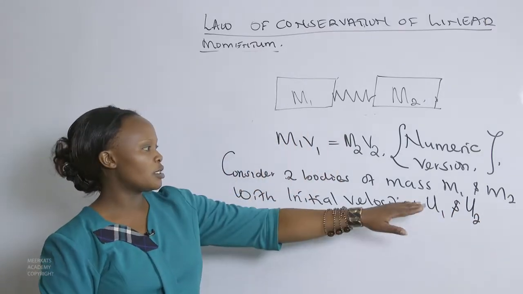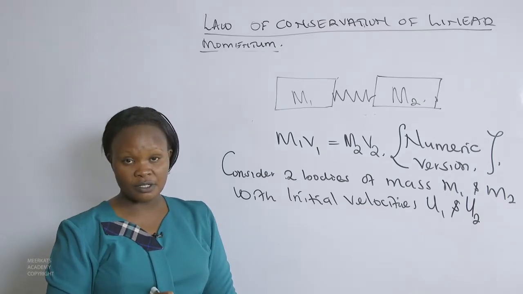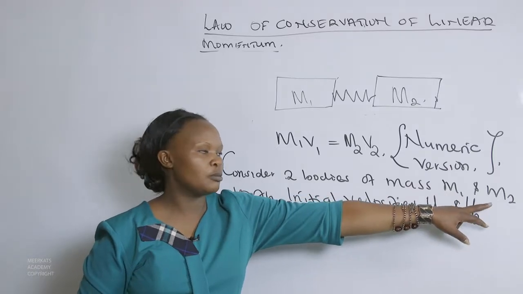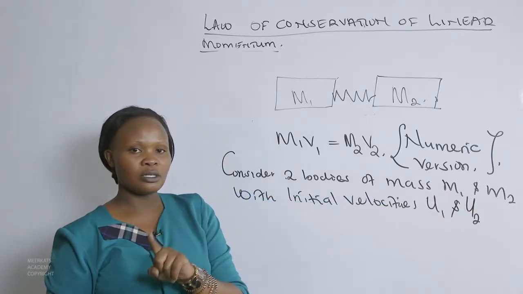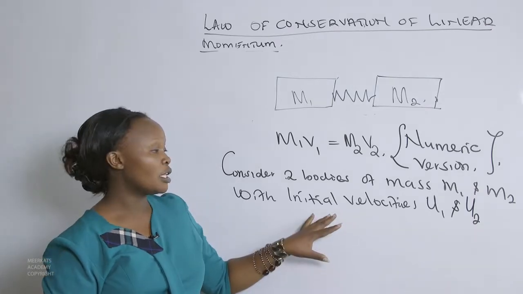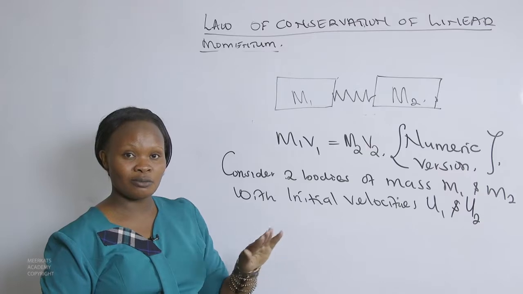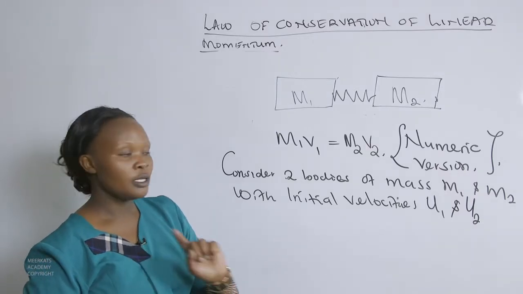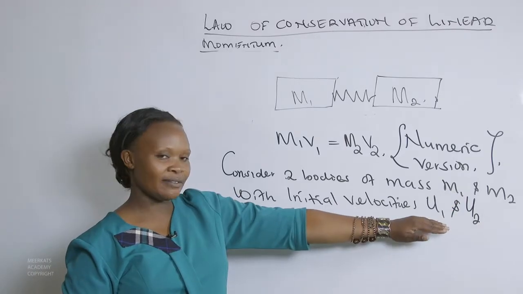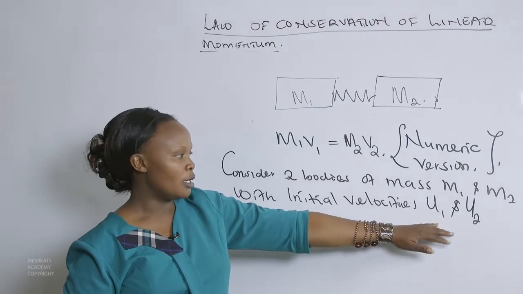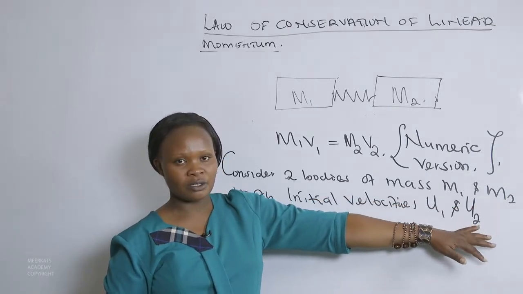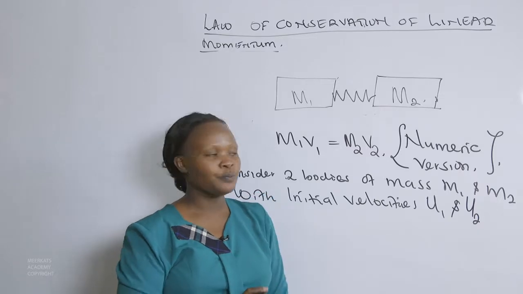Consider those 2 bodies. The bodies have different masses, which we are calling m1 and m2. Now, these bodies this time are not at rest, but they are in a state of motion, whereby mass m1 is moving at a velocity u1, while mass m2 is moving at a velocity u2.